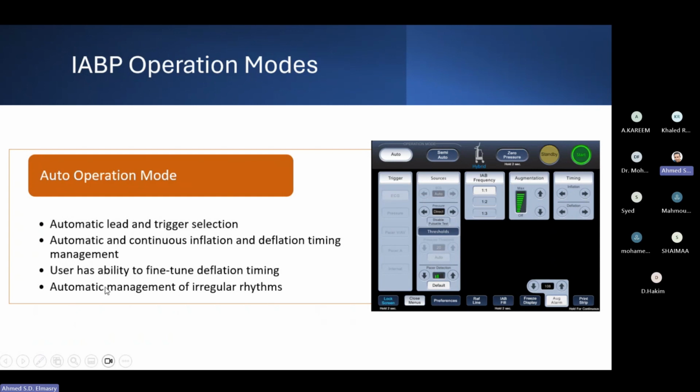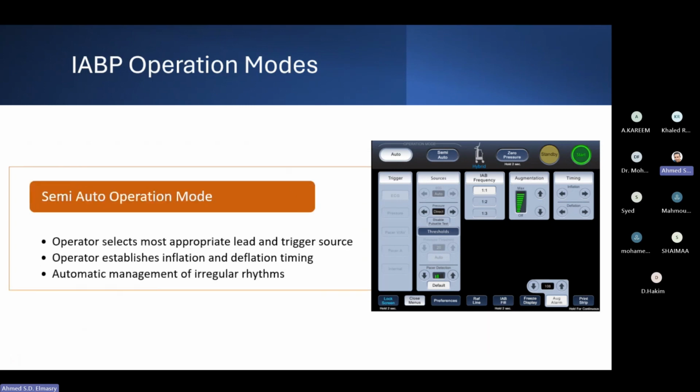And in the auto mode, the machine is able to manage the irregular rhythm, and the inflation point of the balloon will be decided by the machine. In the semi-auto mode, if you activate it, you will be able to select the trigger.